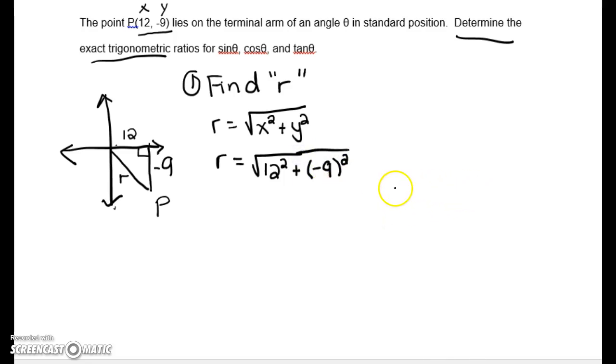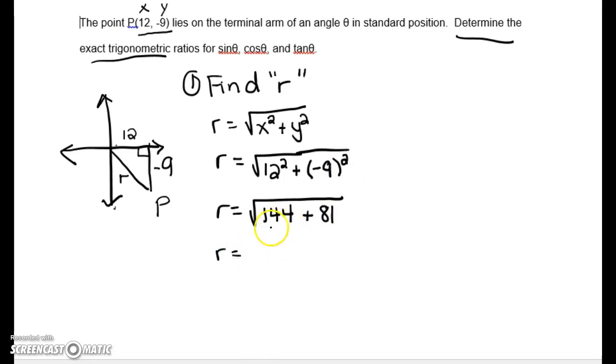Our next step then is to simplify our exponents. So first we can throw this into our calculators, if you don't know this off by hand. So you will first go 12 squared, which is 144. Then we can add with -9 squared, which is 81.